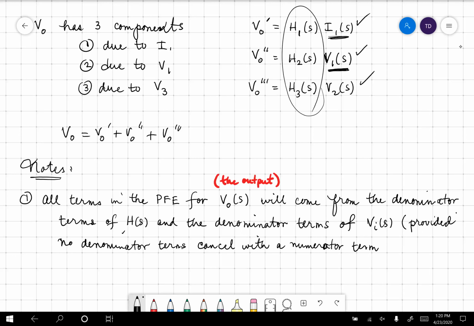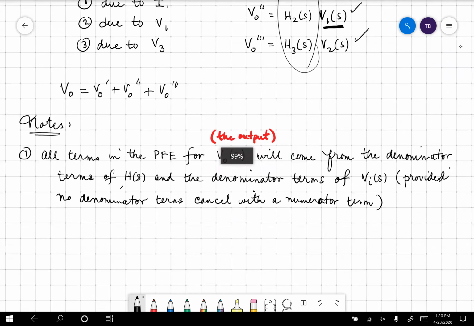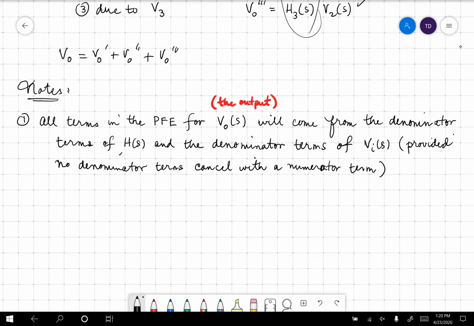So as long as they don't cancel with a numerator term, then we do the partial fraction expansion. We're going to have all of those terms are going to be factors of those denominators.